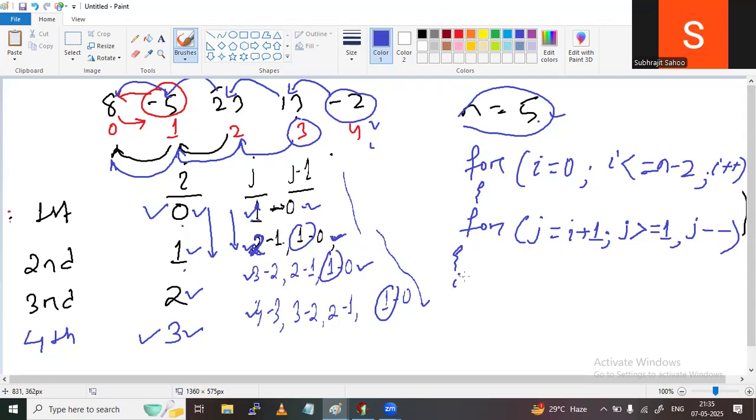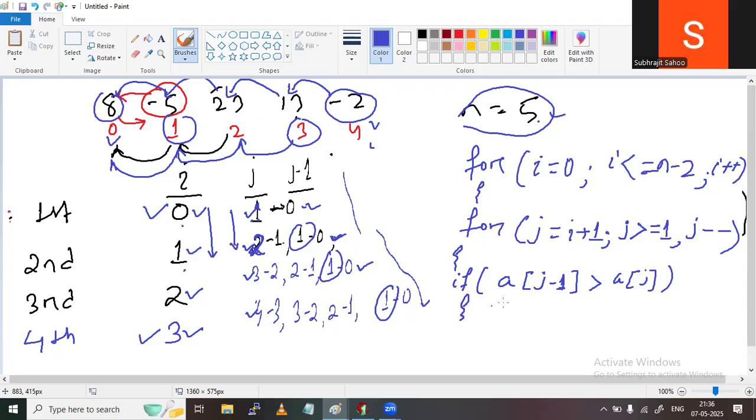Then same logic, right? If array name is a, suppose a of j minus 1 is greater than a of j. Okay, a of j minus 1, which one? Left side. Suppose j is 1, j minus 1 is 0. That means 8 is greater than minus 5. Like that it is checking.